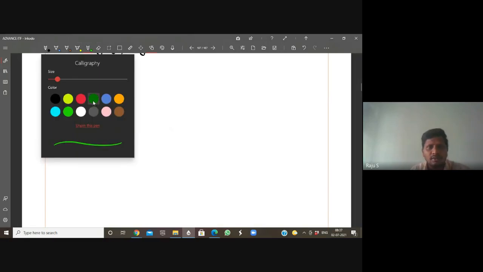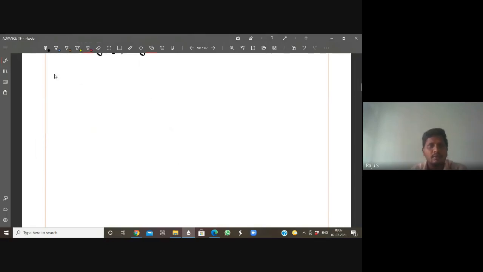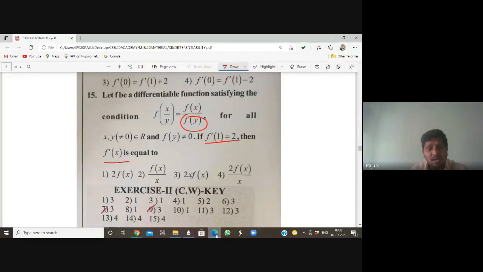15th question, right? f of x by y is equal to f of x by f of y. Right. And see here, when I substitute x is equal to y is equal to 1, because in the given condition they given f dash of 1. We don't know f of 1.